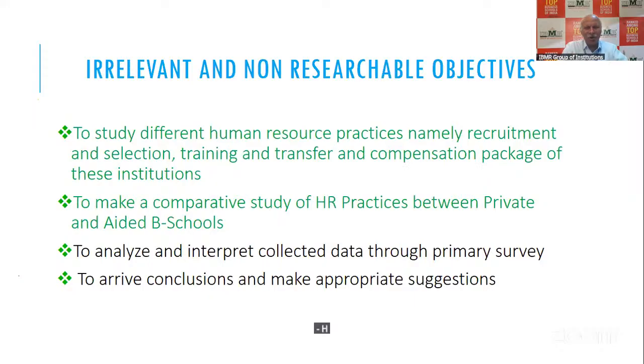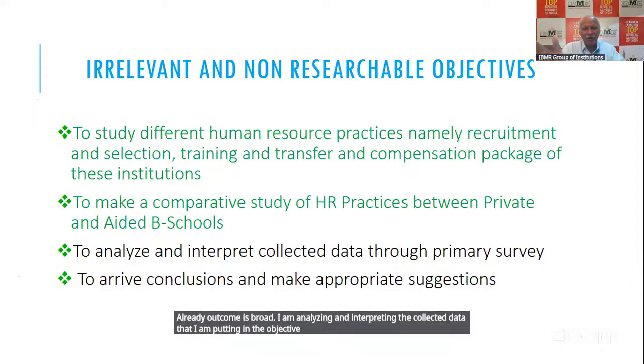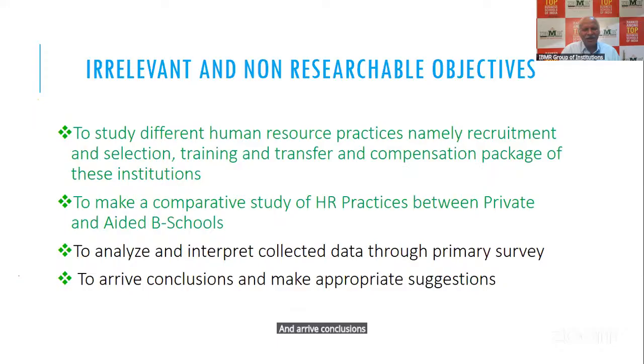Already the outcome is brought. I am analyzing and interpreting the collected data, and I am putting that in the objective. And people hardly go into that and see which is the proper objective. And to arrive at conclusions, can it be a research objective? You are aiming to arrive at conclusions, but it is a part of your research.